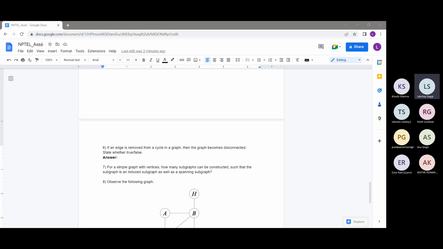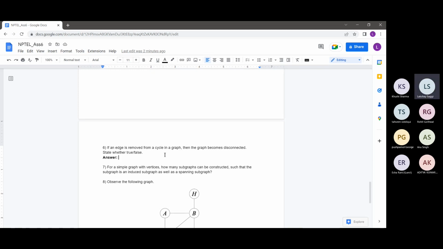Only one of those edges is getting deleted. Then still the graph will be connected, as between every pair of vertices in a cycle there are two kinds of paths available, as I discussed earlier also: a clockwise path and an anti-clockwise path. When an edge gets deleted, either the clockwise path gets deleted or the anti-clockwise path gets deleted, but both of them don't get deleted.